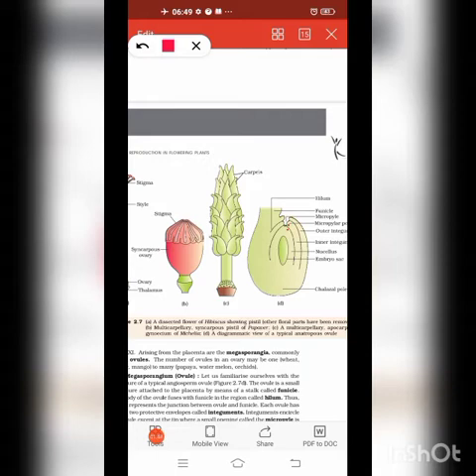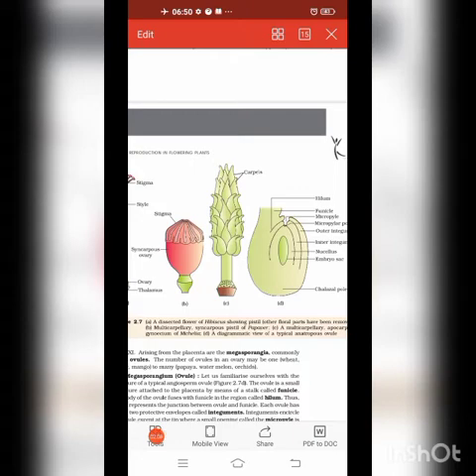the megaspore mother cell. This megaspore mother cell undergoes reductional division, because gametes are always formed after what? Meiosis. So the megaspore mother cell undergoes meiosis and produces what? Megaspores.